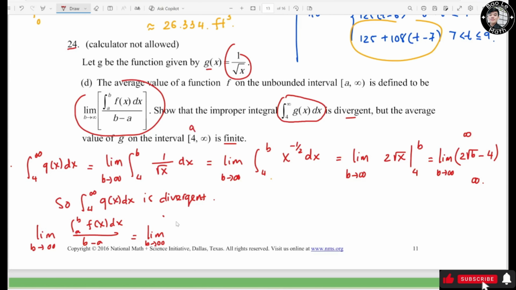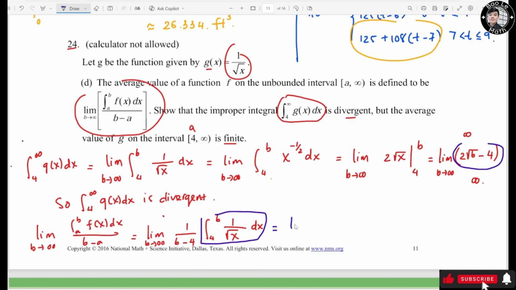So it's 1 over (b − 4) times the integral from 4 to b of 1 over √s ds, right? But this integral has been calculated right here.